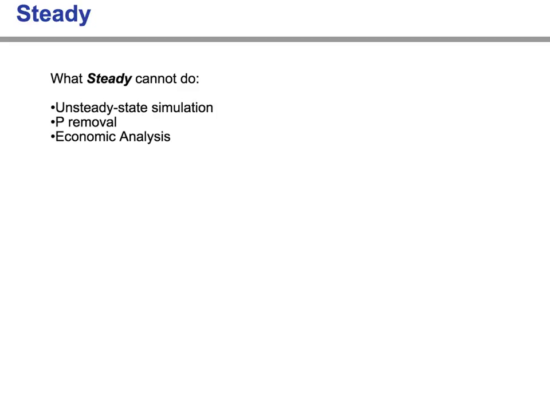And Steady is just for conventional biological treatment, so it cannot calculate any advanced treatment such as phosphorus removal or denitrification. In fact, what we have as the unit processes are just primary treatment and the activated sludge process, not the anoxic or anaerobic bioreactors.